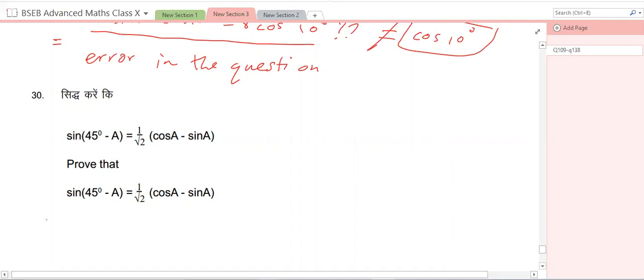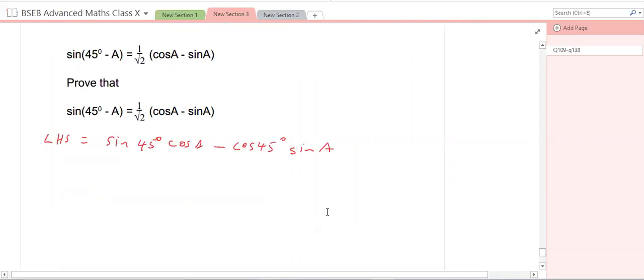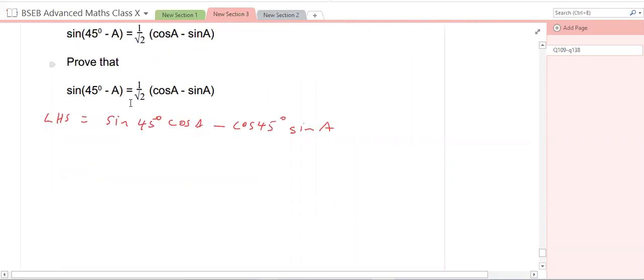Okay, so left-hand side, expansion for sine 45 minus a is sine 45 cos a minus cos 45 sine a, which is equal to 1 over root 2 cos a minus 1 over root 2 sine a.